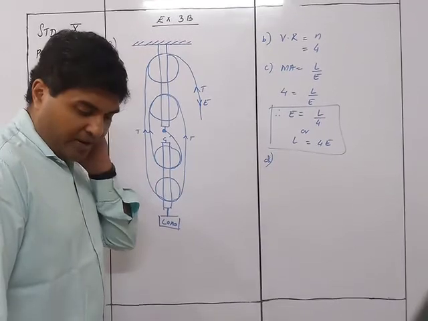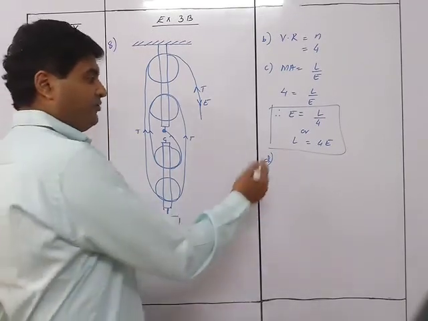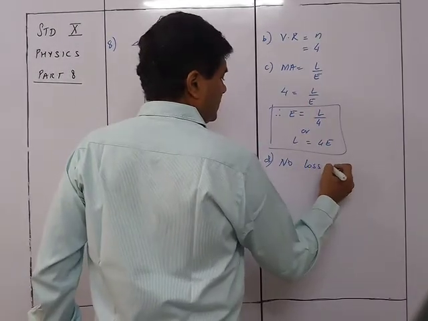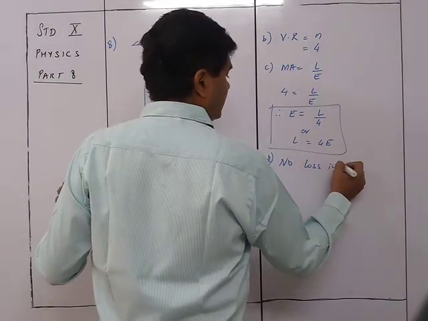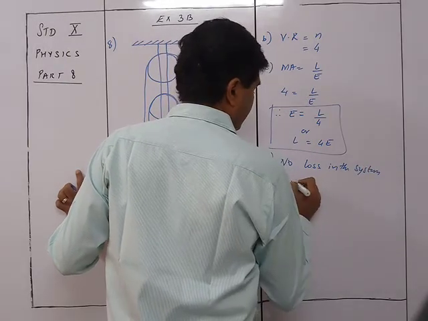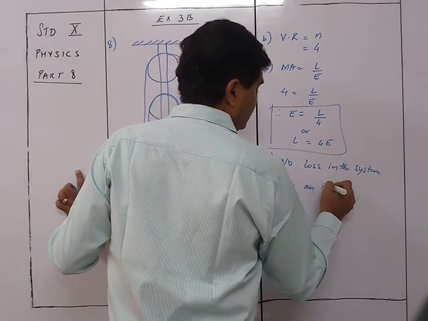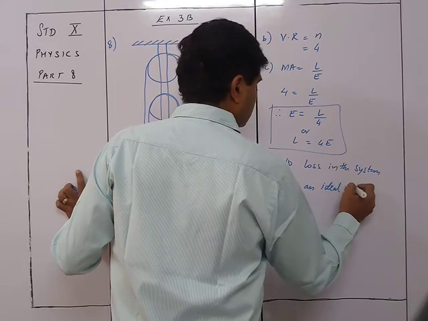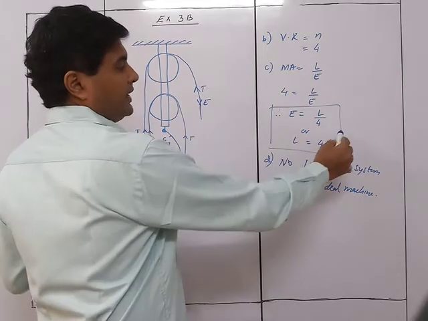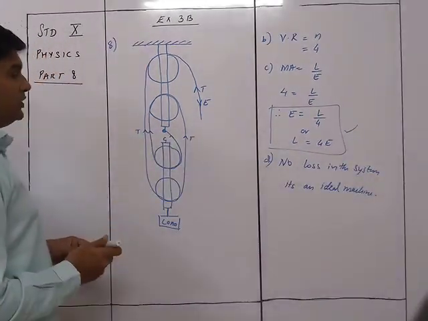What assumption do you make to arrive at the above point? That is frictionless, so no loss in the system, and we can say it's an ideal machine. Only if it's an ideal machine can you get this as the correct result.